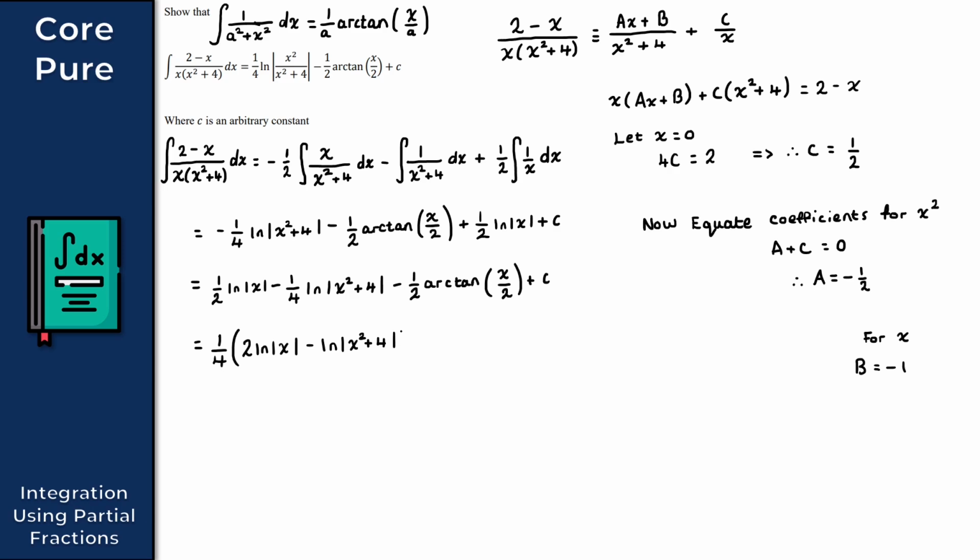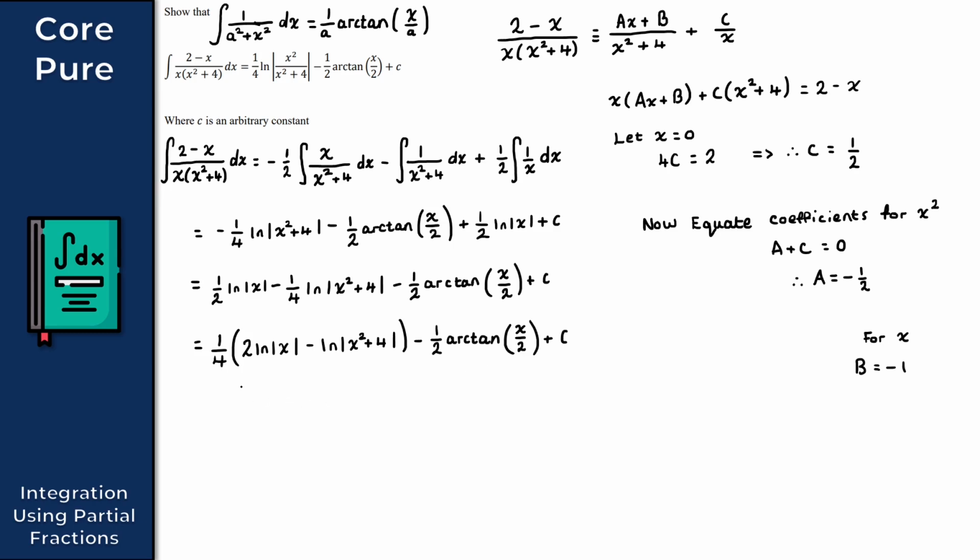Close that bracket. And then again, we've got minus a half arctan of x over 2 plus c. Let's write this down in full.